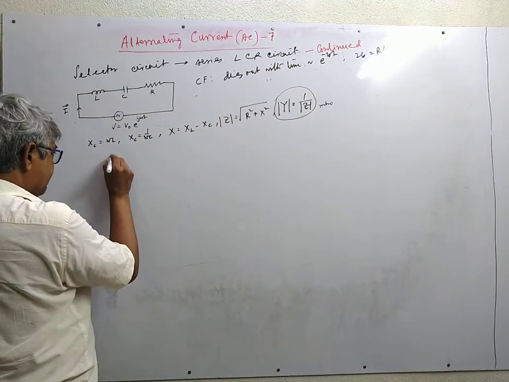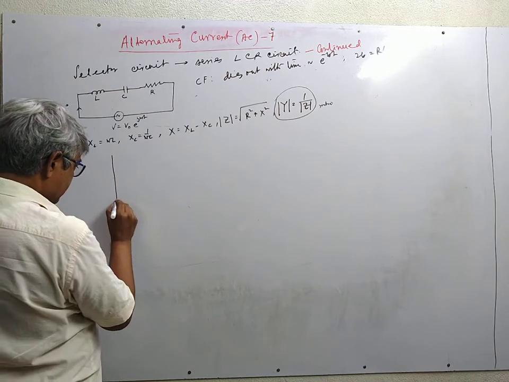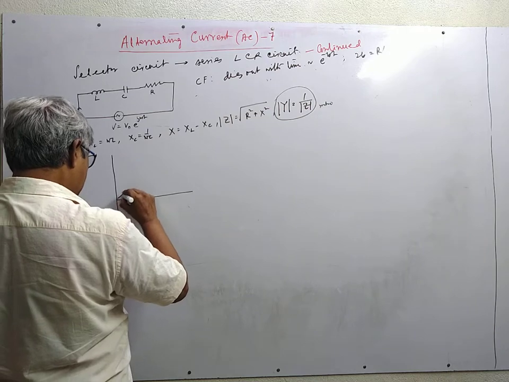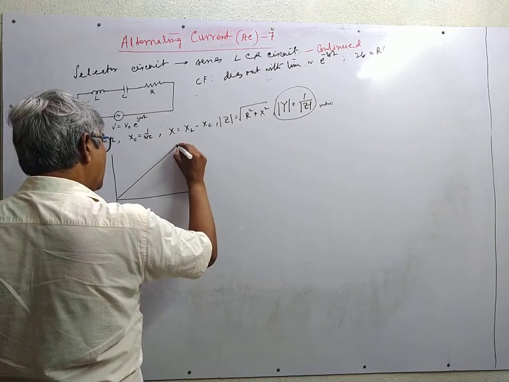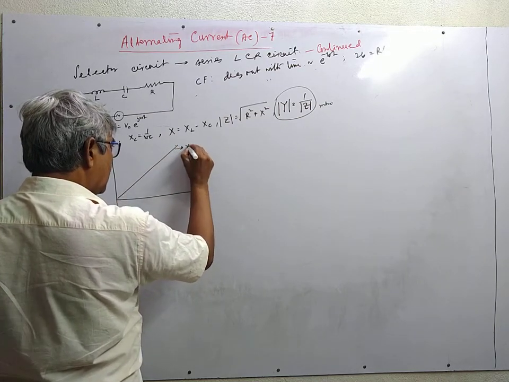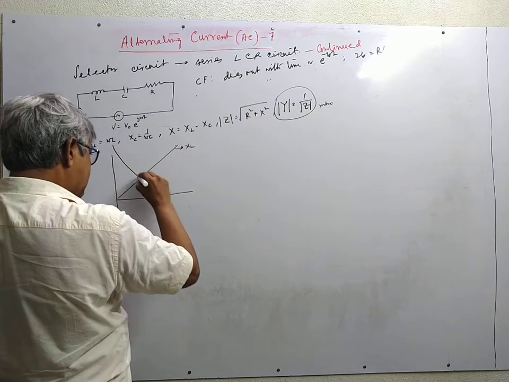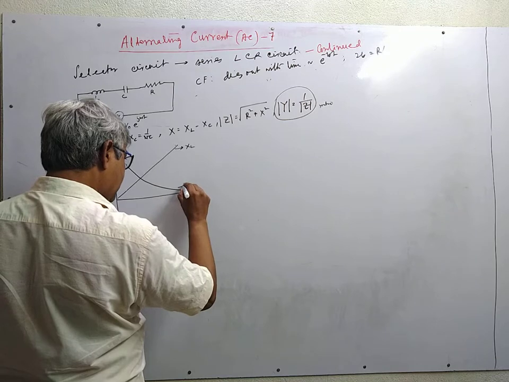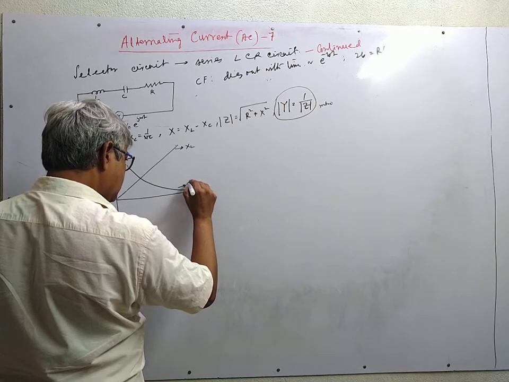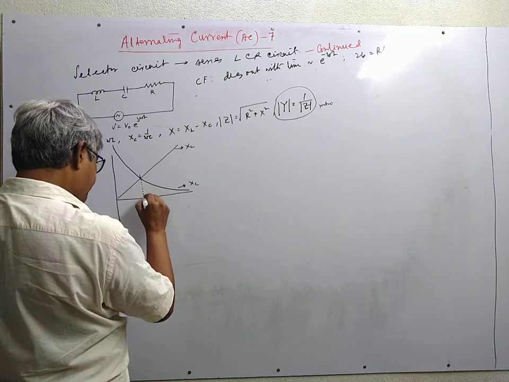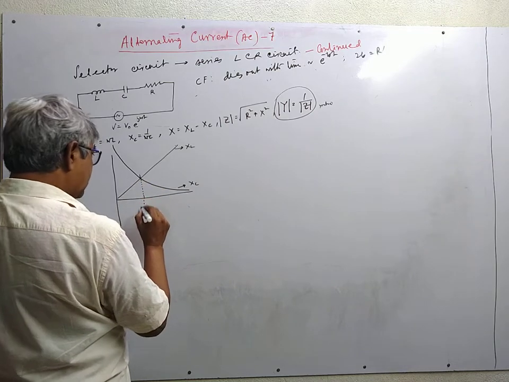So we plot XL and XC; XC is a rectangular hyperbola. They are equal at resonance.